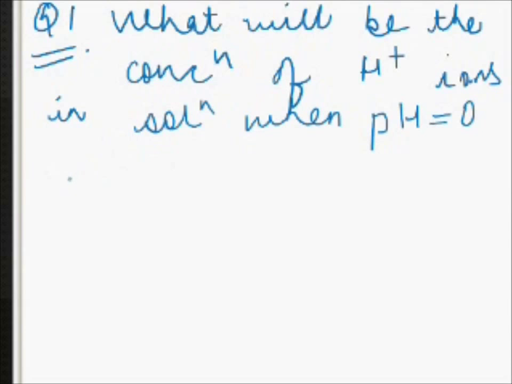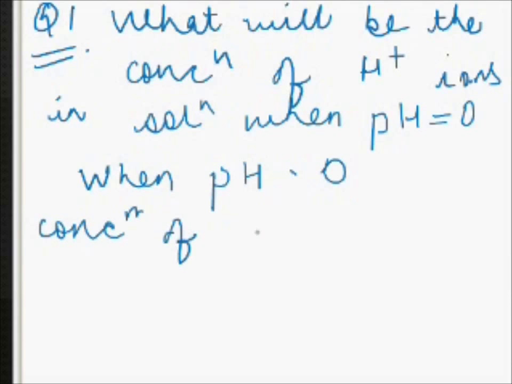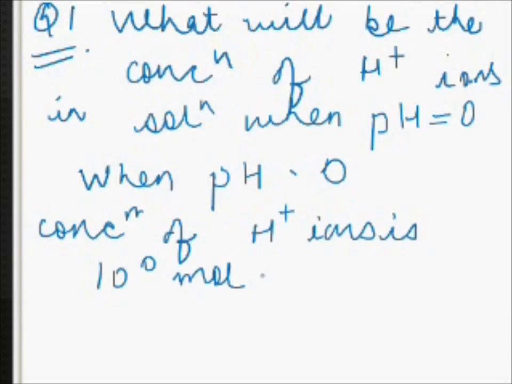When pH is 0, the concentration of H positive ions is 10 to the power 0 mole per liter. That is, the concentration of H positive ion is 1 mole per liter.